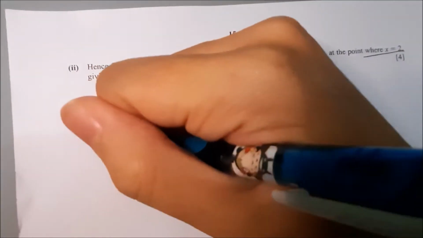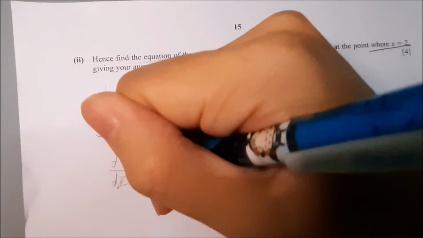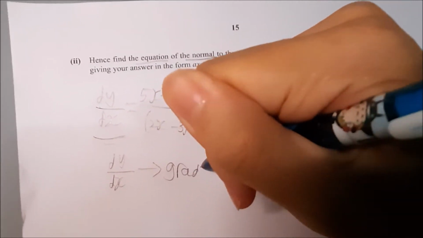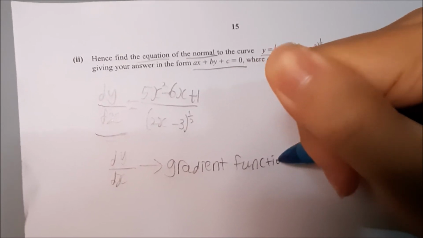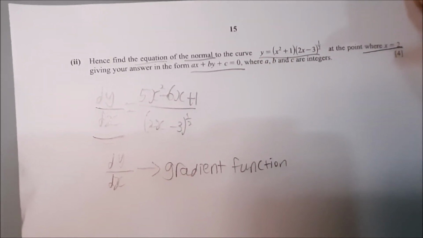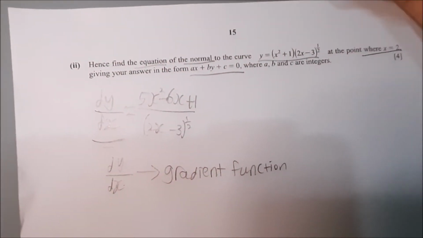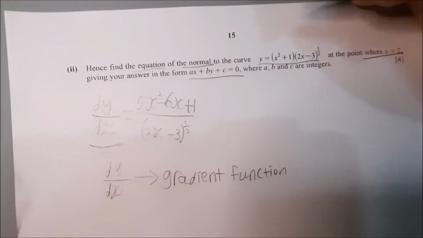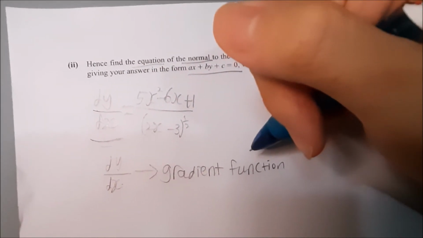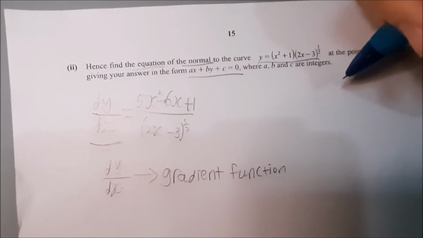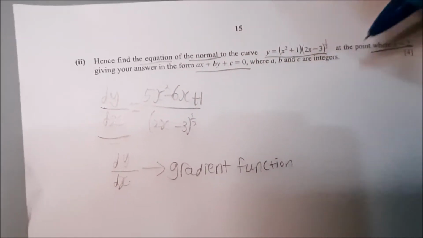So this dy dx can also be referred to as the gradient function, as if you differentiate an equation of a graph and then you sub in any x values inside, then you get the exact gradient of that point of the x value that you have just put inside.